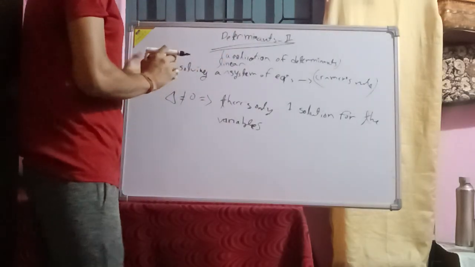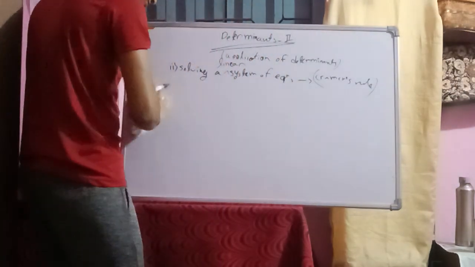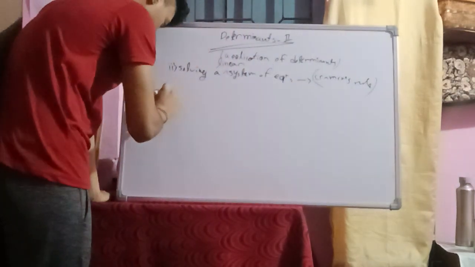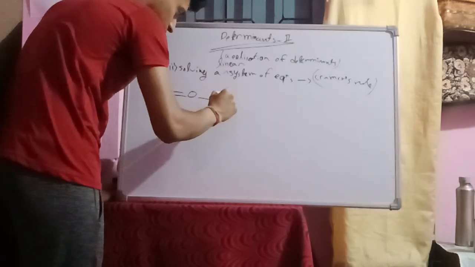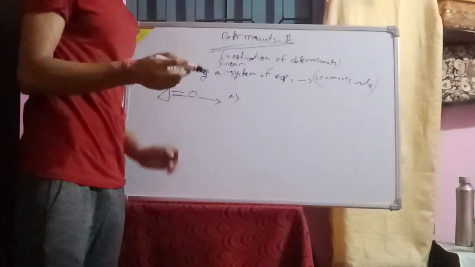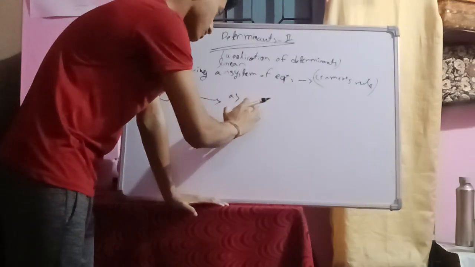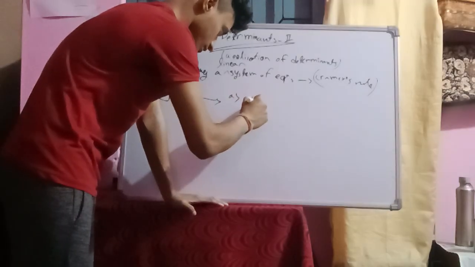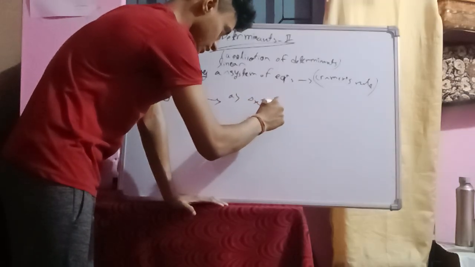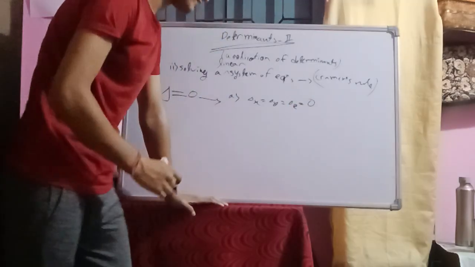Now, there is a second possibility in which the value of delta is 0. Here we are going to have two sub-possibilities. The first one is where delta is 0 and delta x equals delta y equals delta z equals 0.